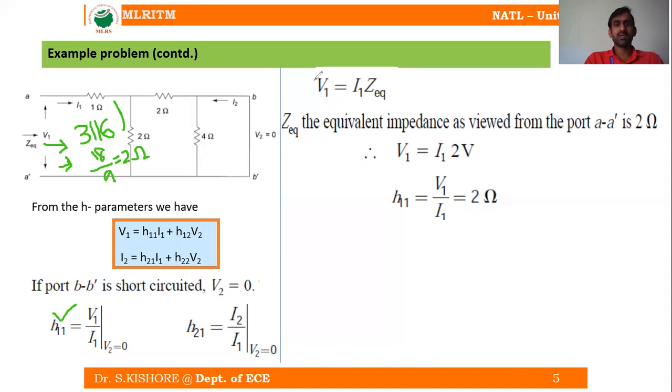When you are calculating this I2 here, at V2 equal to 0, this I2 is going to be equal to I1 by 2. How is this I2 going to be equal to I1 by 2? Look here. As we know, this is nothing but the I1 here.